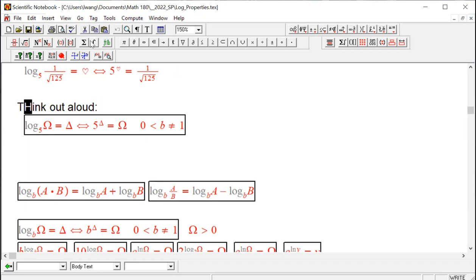Okay, so I have a piece of scratch paper with me. From here, you still have to work out the 1 over square root of 125 into power, right?